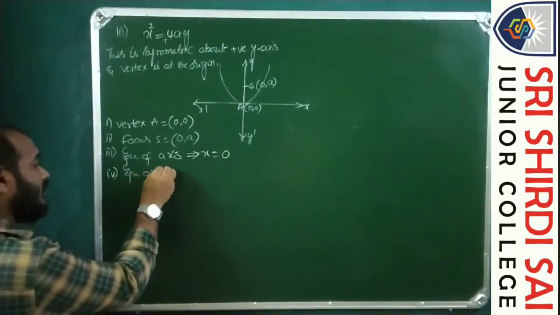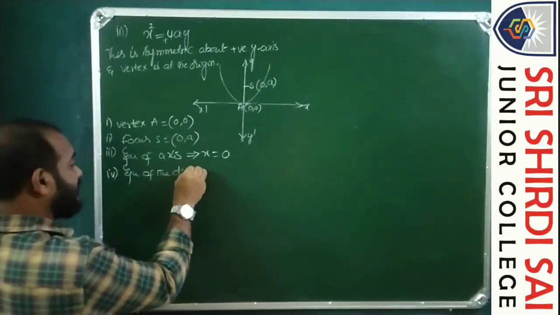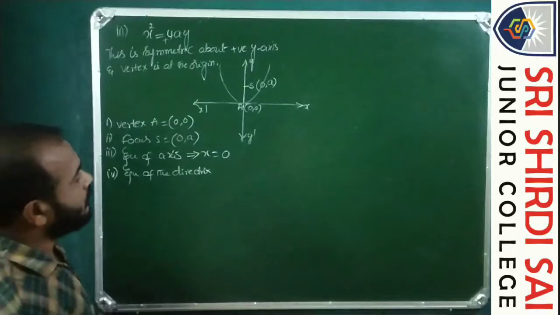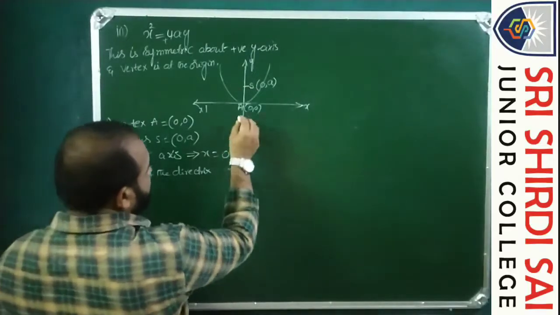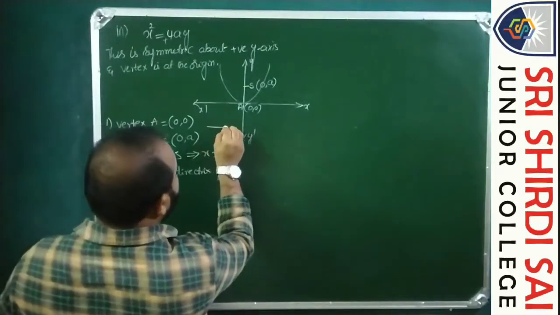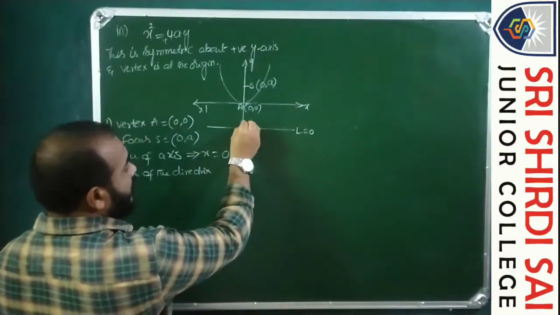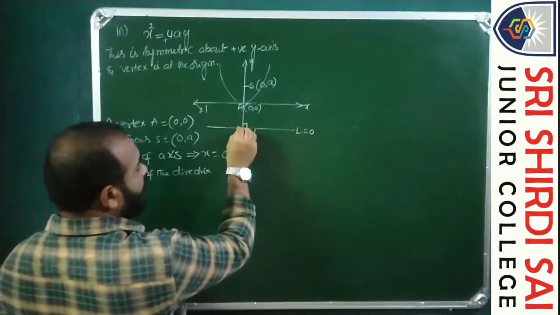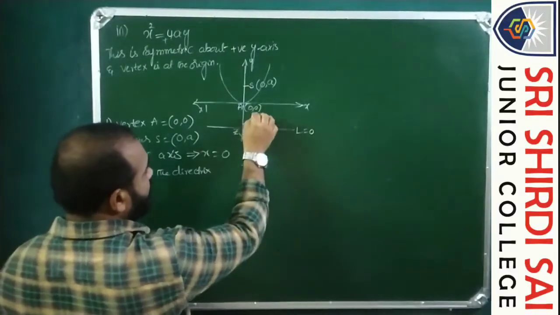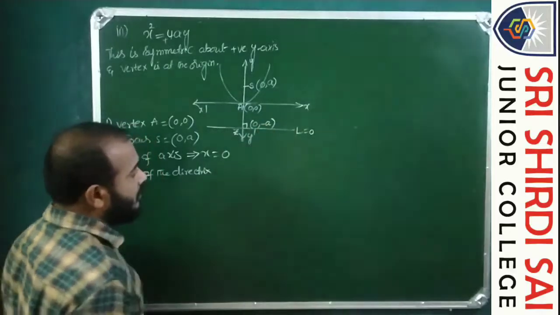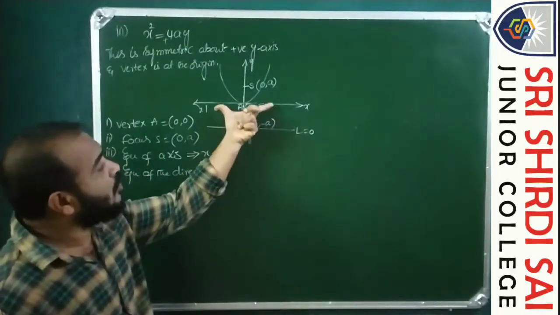And the equation of the directrix. This is the line L equals 0, and this is the foot of the directrix, Z. If the focus is 0 comma a, this can be 0 comma minus a. This line is parallel to the x-axis.